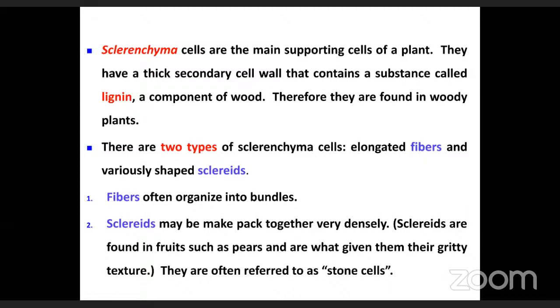Banana, papaya, and Ipomoea are also laticiferous. This is the last special type.